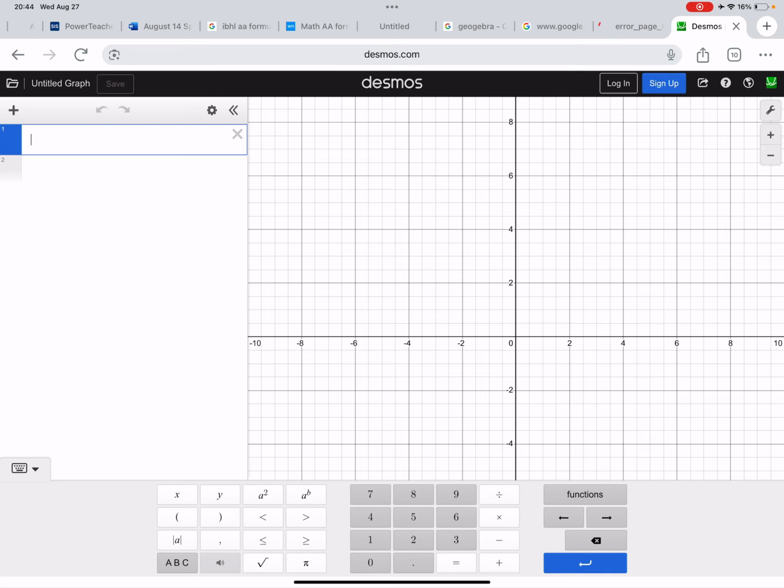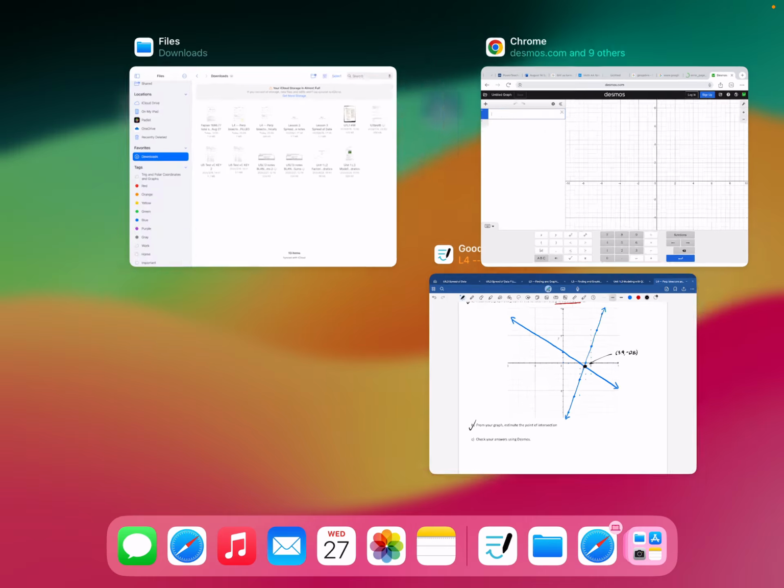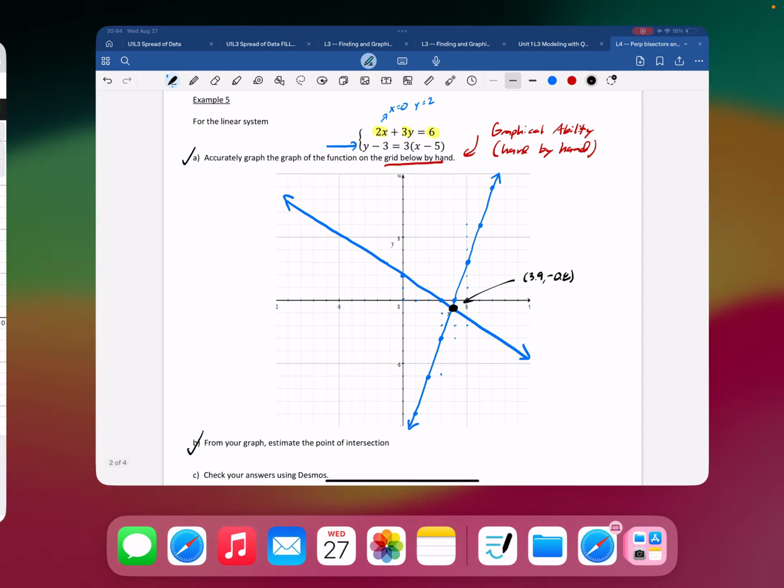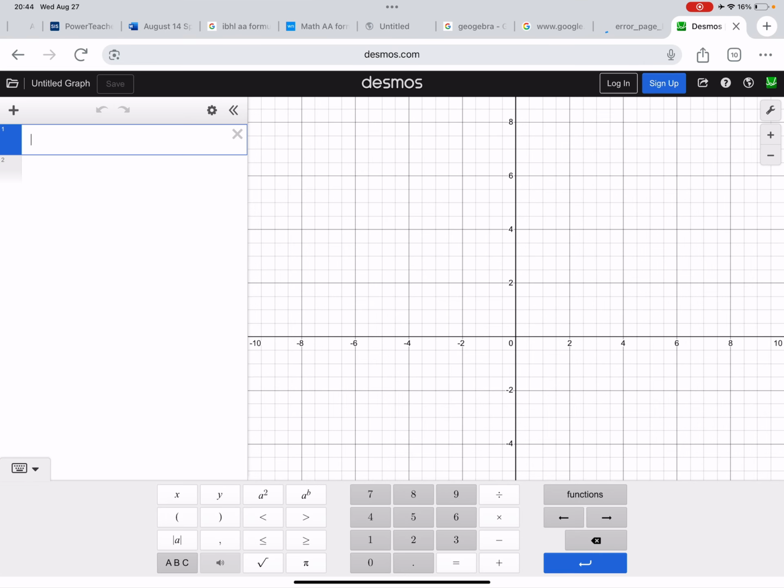So I forget the equations of the lines. What do we have? 2x plus 3y is 6. So I'm going to type that in. 2x plus 3y equals 6.